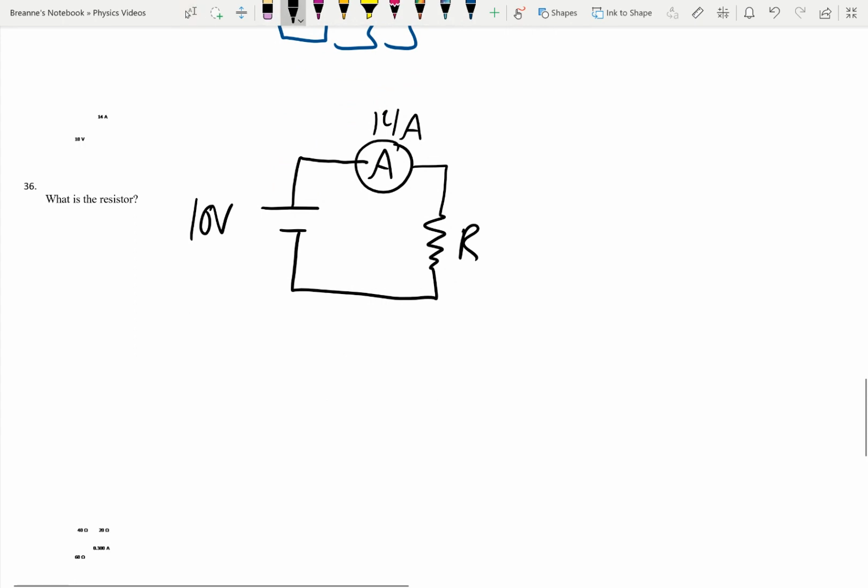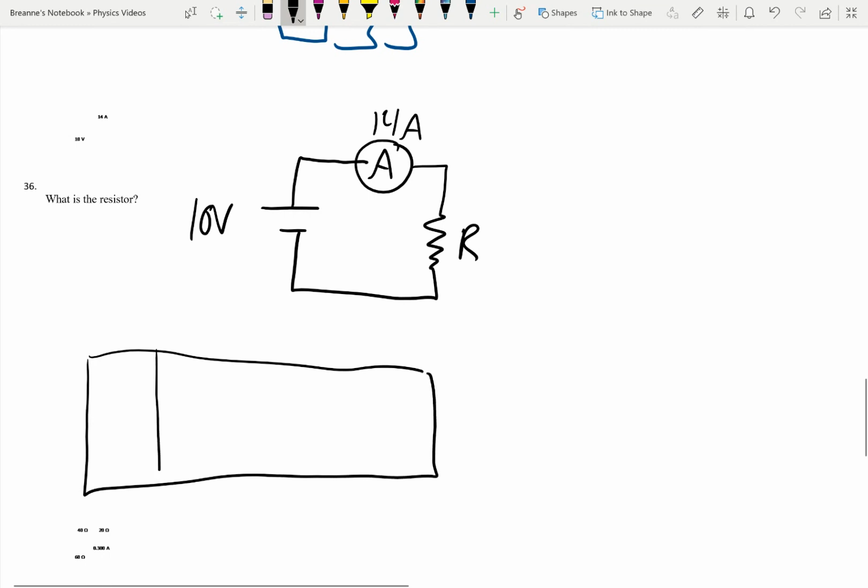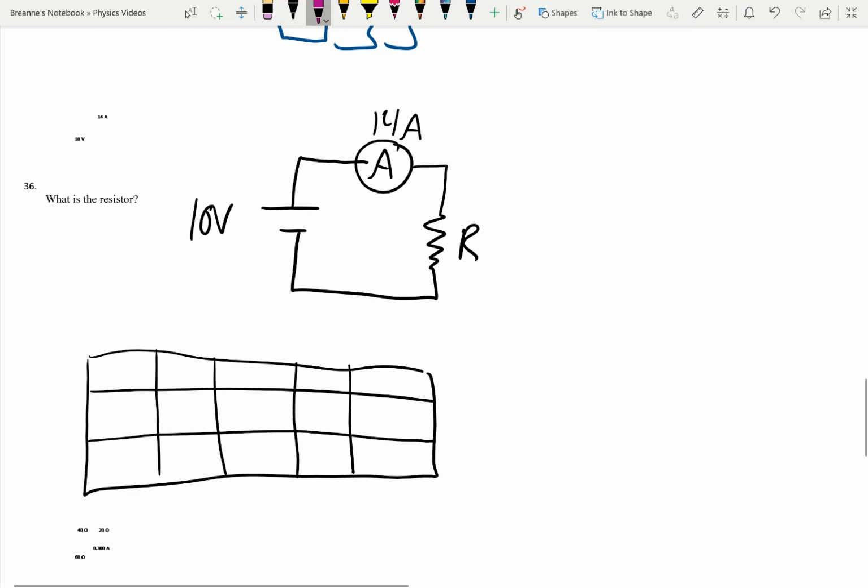So we can make a little chart if you wish. Voltage, current, and you only have one resistor. So if you have voltage, current, resistor, or power, and you have one resistor and total.